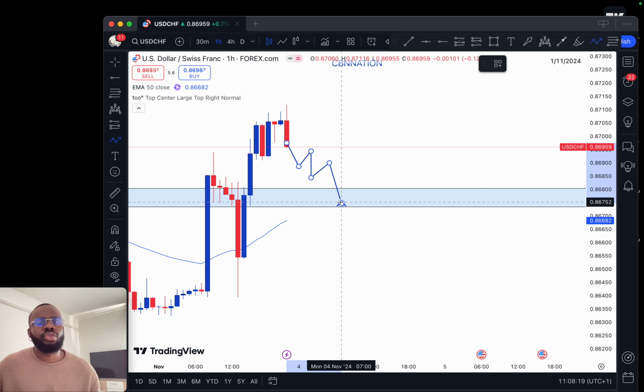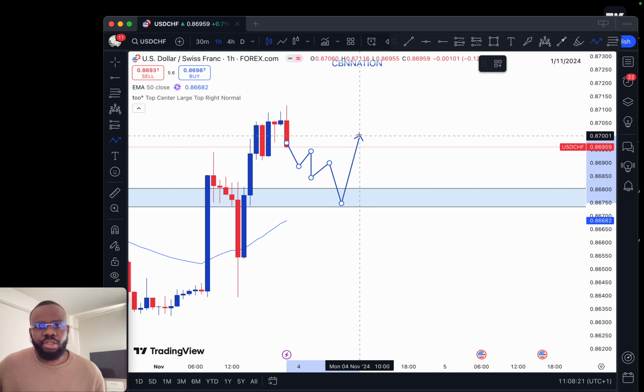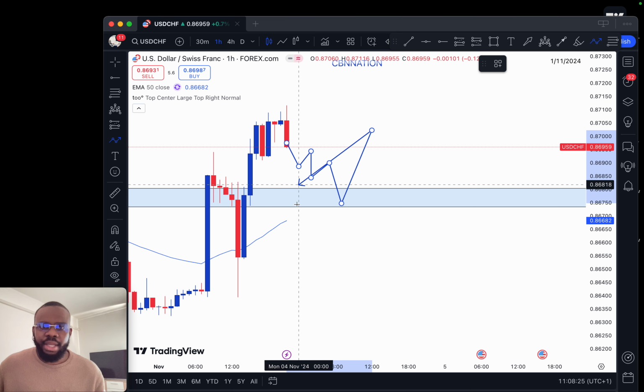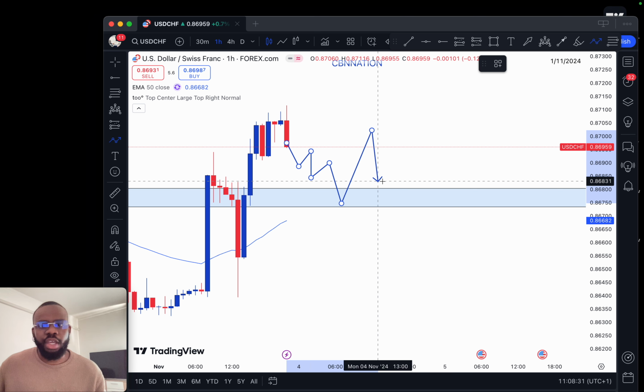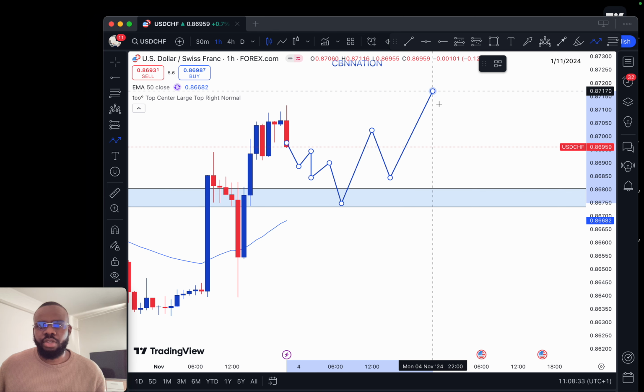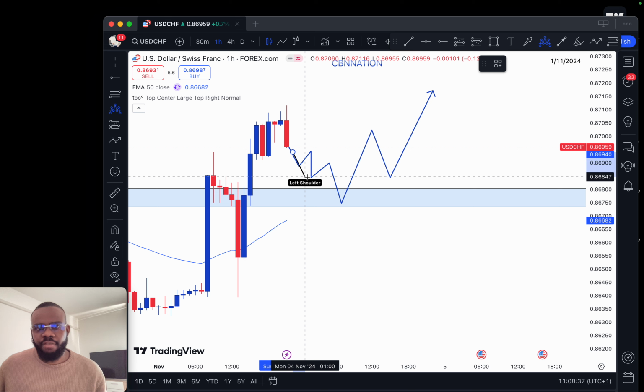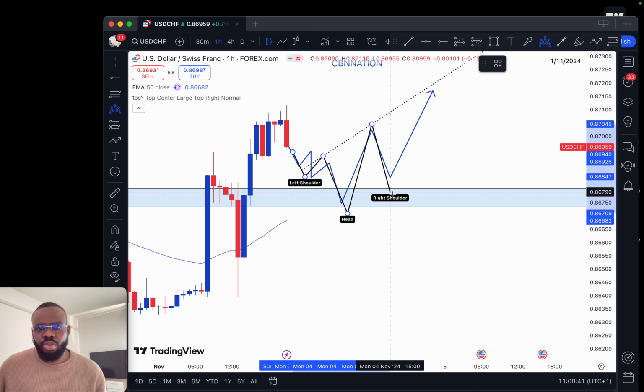Then we also want to see a massive reaction out of this zone, closing above this last high. By then the EMA will catch up with the price, retesting our area of interest for entry to take the market to the upside. Then again, you can see we'll have the left shoulder, head, right shoulder for entry to move to the upside.